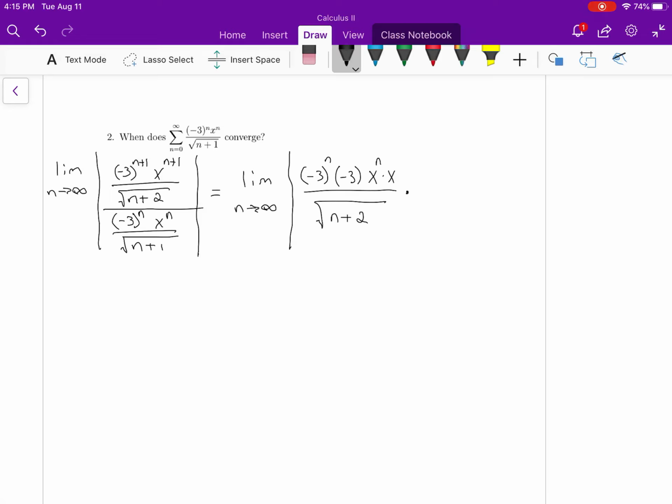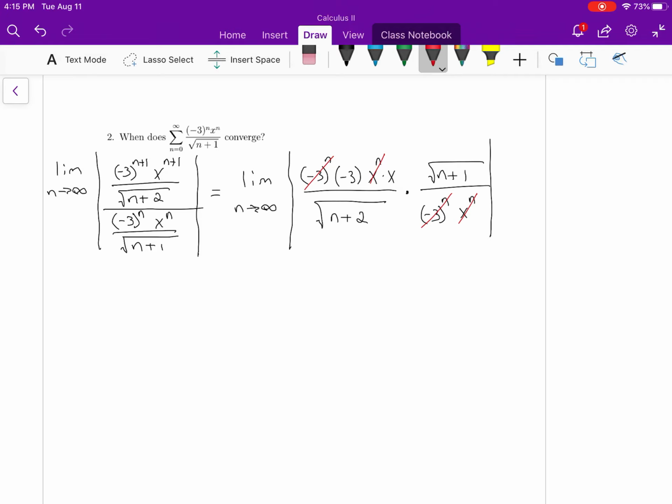And multiplying by the reciprocal of the denominator, we just get the square root of n plus 1 over negative 3 to the n, x to the n. And I look to see what cancels out. I see x to the n cancels out, negative 3 to the n disappears.